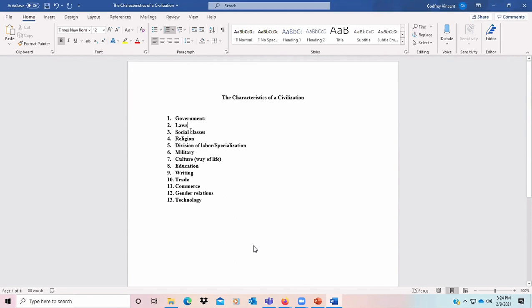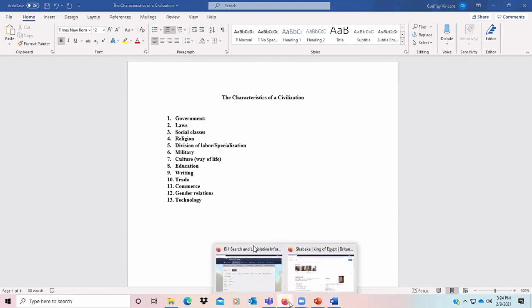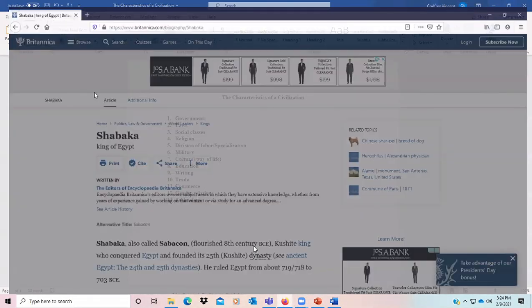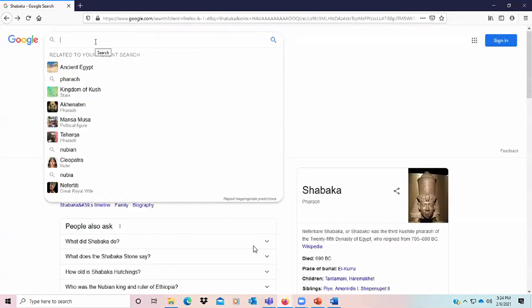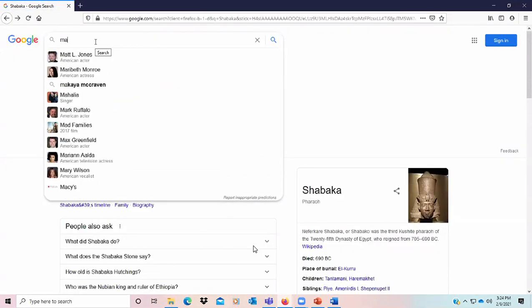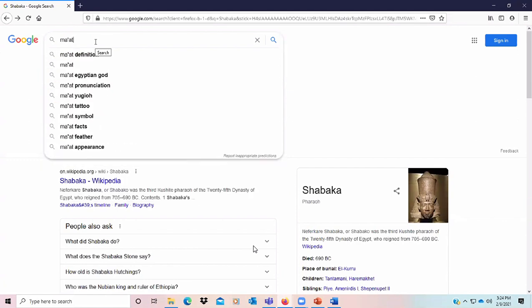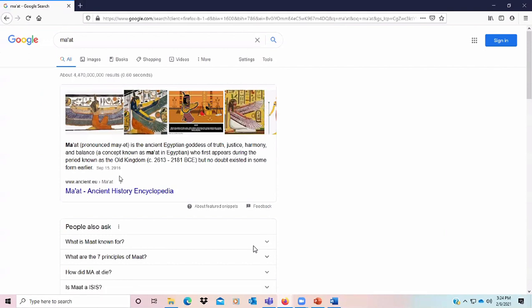There were laws. What was the ancient Egyptian law called? Anybody knows? Let's go to the evidence. It was called Maat, pronounced Ma'at. It was based on justice, harmony, and balance.